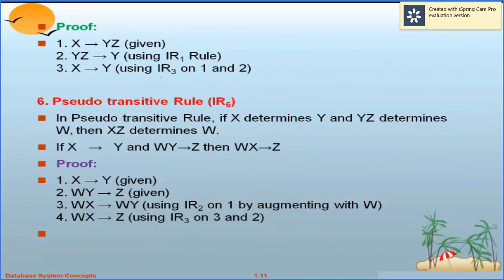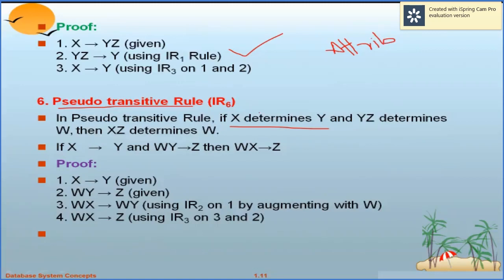Next one, let's go for rule number 6. If you want, you can also look into the proof given over here. Next one is the pseudo-transitive functional dependency. What is this pseudo-transitive functional dependency? Remember, whatever x, y and z I am mentioning here are nothing but the attributes of a table, the column names. So you're trying to pull the relationship between the attributes using the functional dependencies.